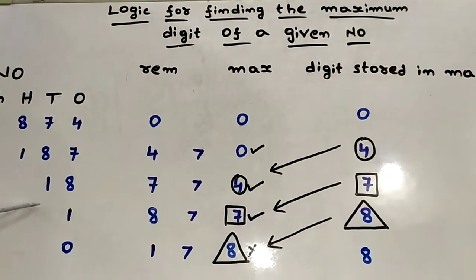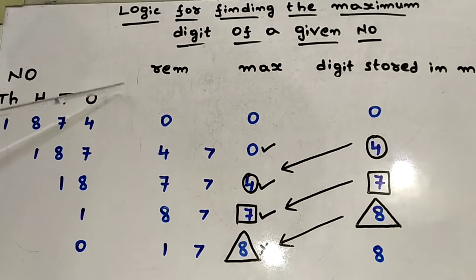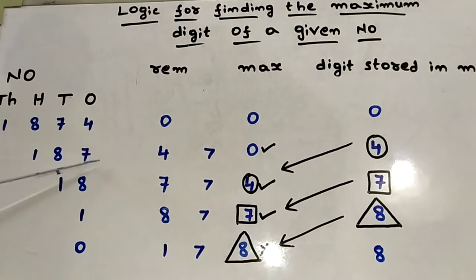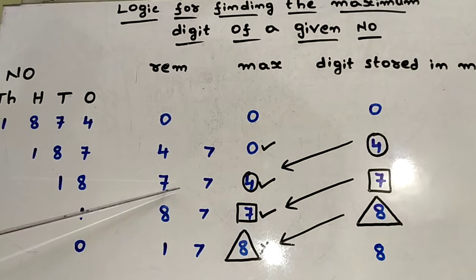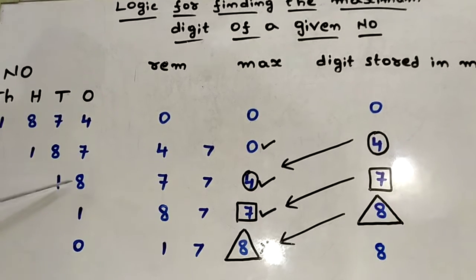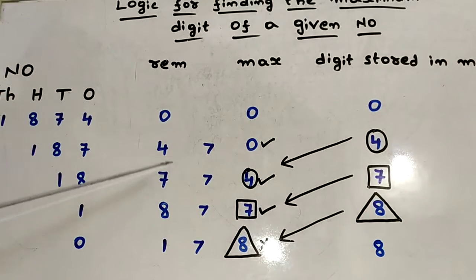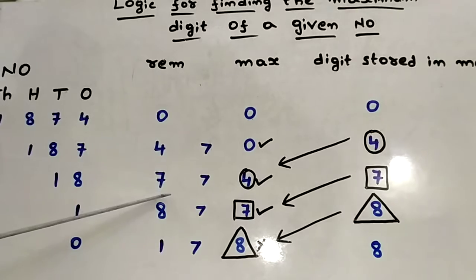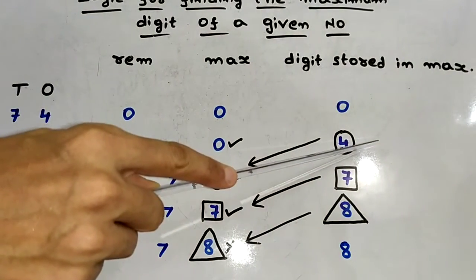Now, second step. Within the second step, in 187, 7 is present in the one's place. That 7 is extracted here, so the number becomes 18. REM value consists of the digit 7. Max consists of the digit 4.